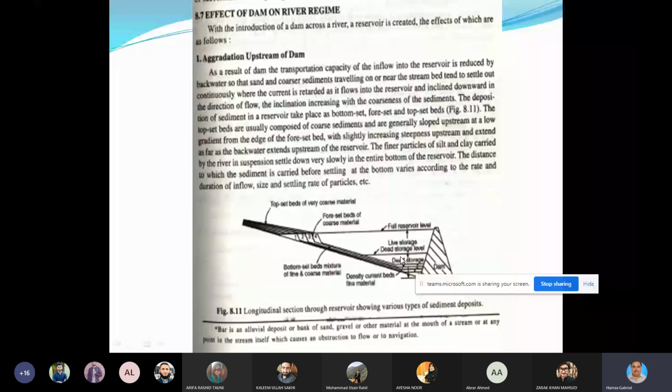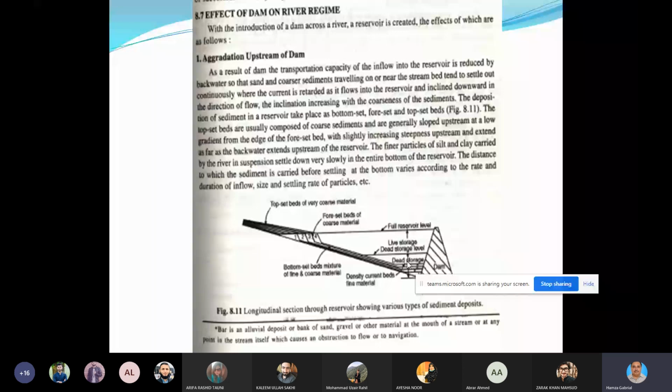So all the coarser material will deposit at the start of the reservoir, known as the top set bed and the fore set. यहाँ पर जितना भी coarser material है, heavy material है, or bed load, all will deposit at the start of the reservoir, and the finer will travel and deposit downstream. So this will start decreasing the capacity of the reservoir itself.